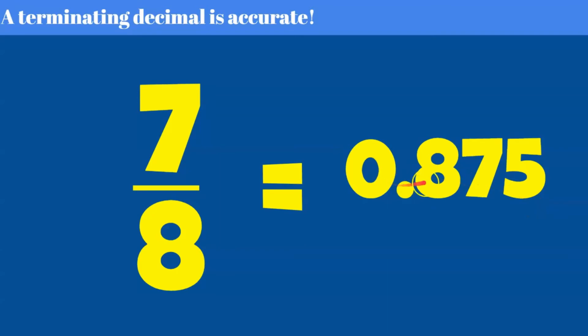You cannot say 0.88 or 0.9. You've rounded it and you've changed the value and it's not equal to 7/8. But remember, 7/8 is 7 divided by 8. So if you get a decimal that terminates, it ends, you can write that decimal down, but you have to write all the digits that are given to you in the calculator.